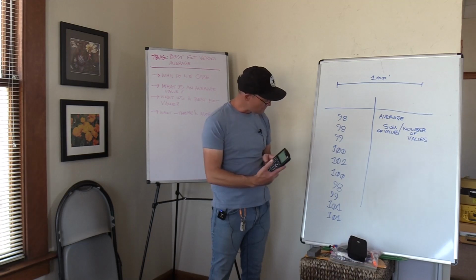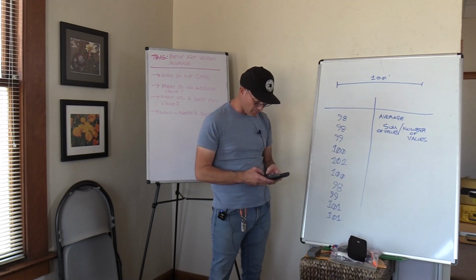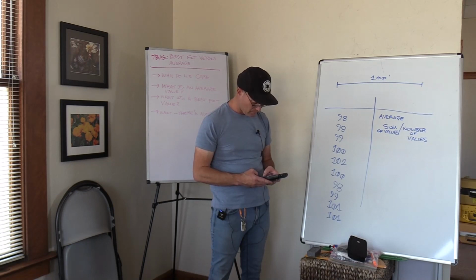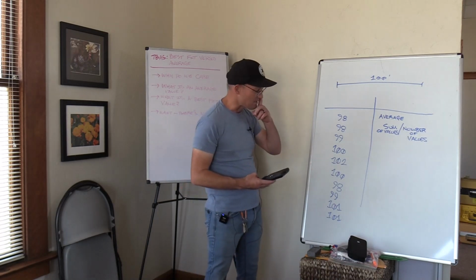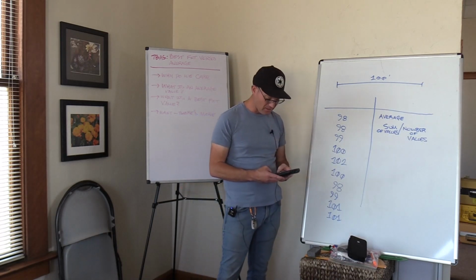By the way, it's really handy to have a reverse Polish notation calculator. For all you HP fans, I'm using an HP 50 here. Okay, plus 99 plus 101 plus 101. Okay, so I got 996. Now I'm going to divide that by 10.